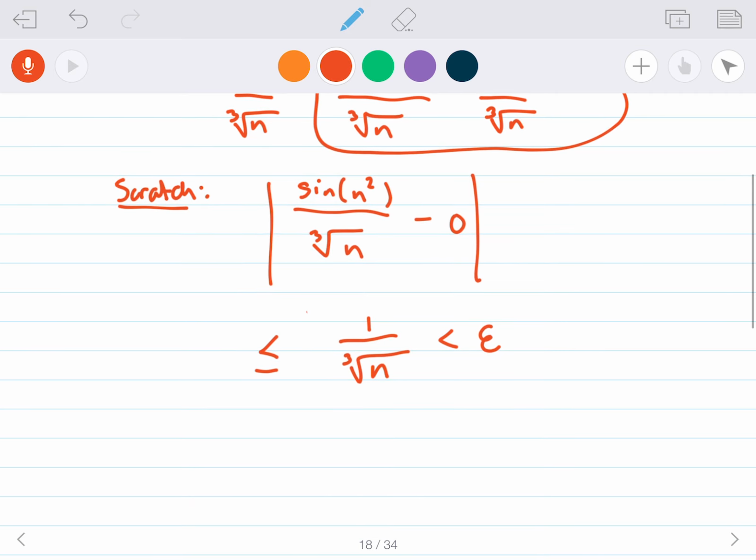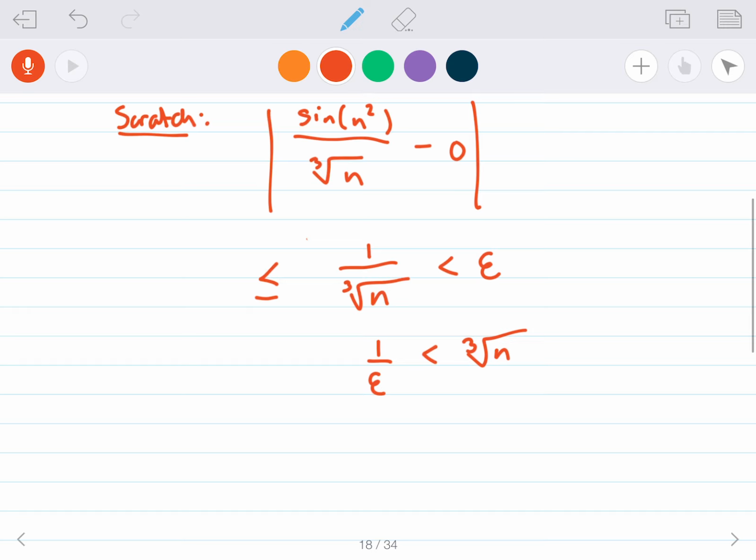And so now it's pretty easy to solve for little n. I can just multiply both sides by third root of n and divide by epsilon to give me 1 over epsilon is less than third root of n, and then I can just cube both sides to get little n alone.